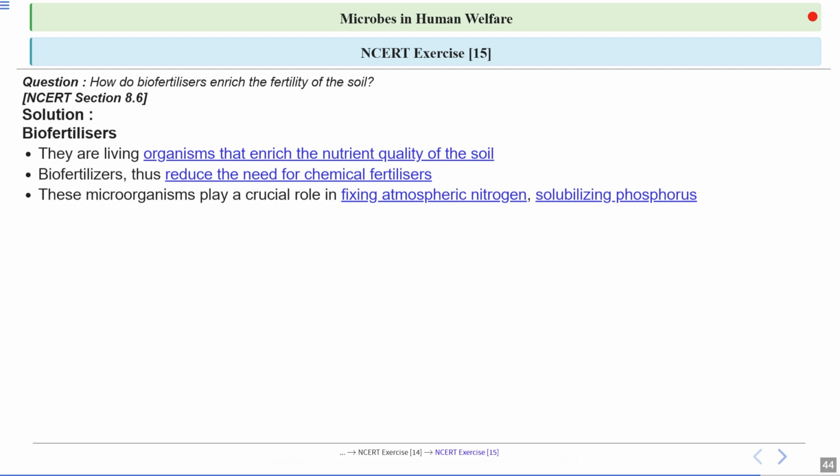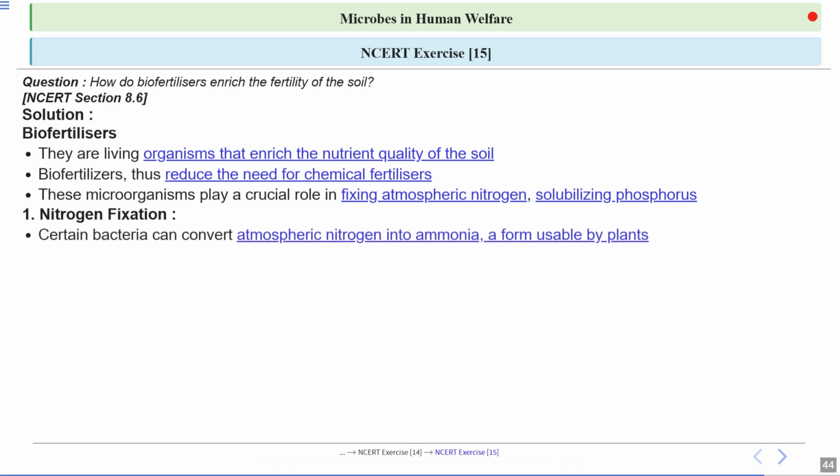These microorganisms play a crucial role in fixing atmospheric nitrogen and solubilizing phosphorus. Some biofertilizers such as mycorrhiza can solubilize phosphorus, and some microorganisms, such as bacteria, can fix atmospheric nitrogen as well.